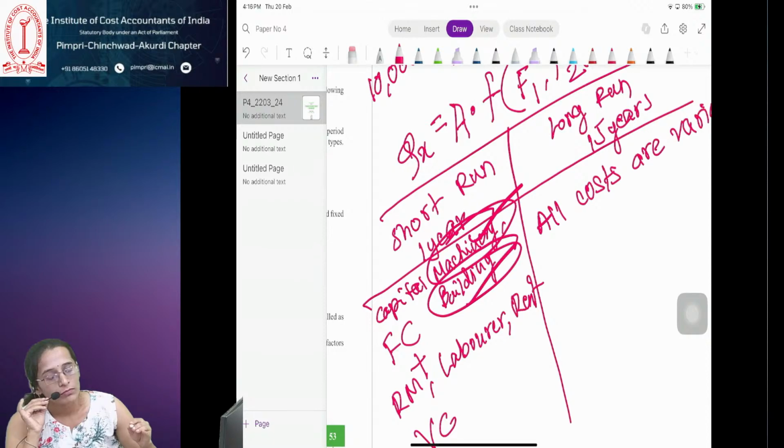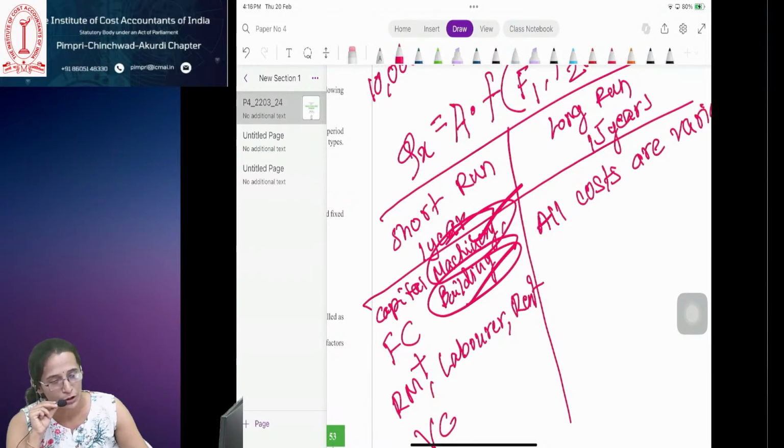And for a longer duration, even if the output is zero, what will happen to the fixed cost? Will fixed cost become zero? No, it is fixed. Take an example: I have brought building and machinery to produce something, but there is a fire or some problem and I am able to produce only 0 units.